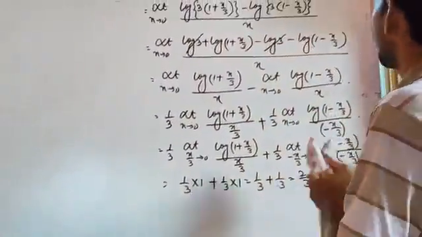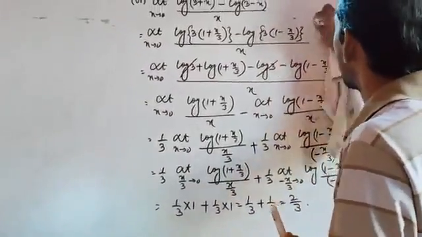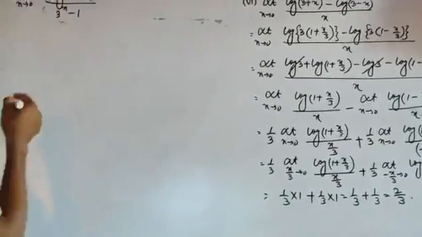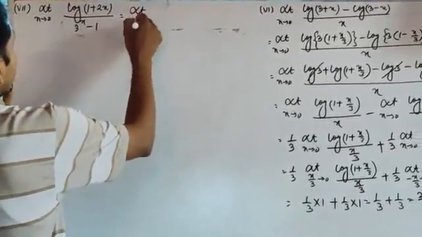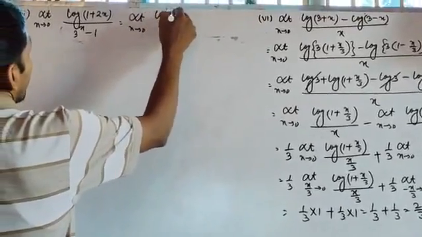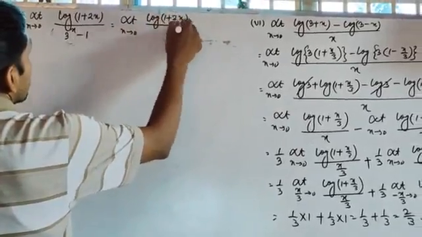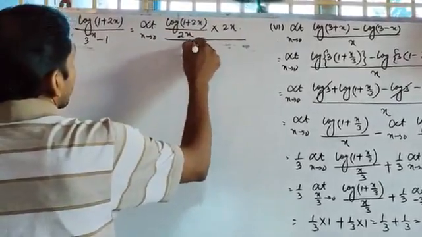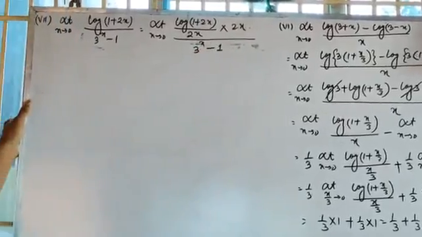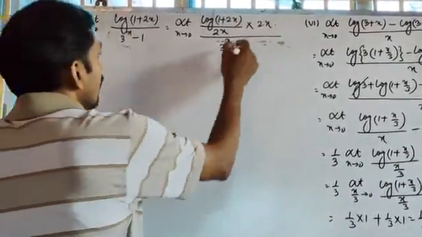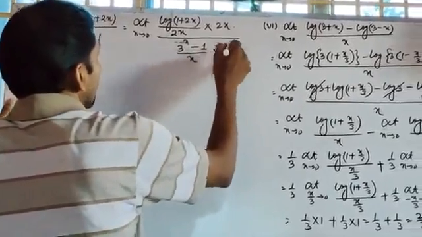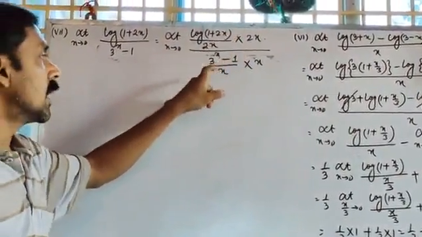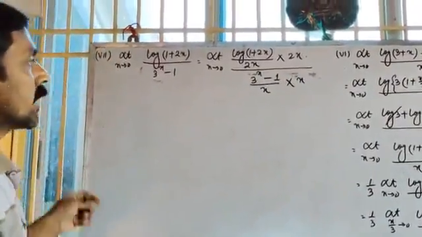So when it is 2x, we have to bring 2x. So first of all, log 1 plus 2x, you multiply and divide by 2x, whole divided by 3 to the power x minus 1. Here x will equal x into x, meaning in the numerator we multiply and divide by 2x, and in the denominator we multiply and divide by x.